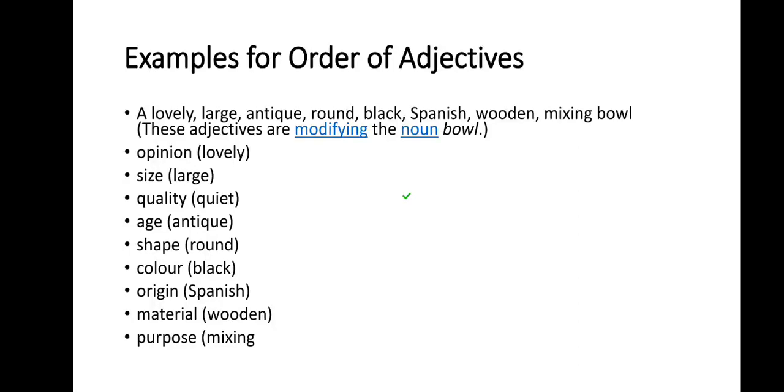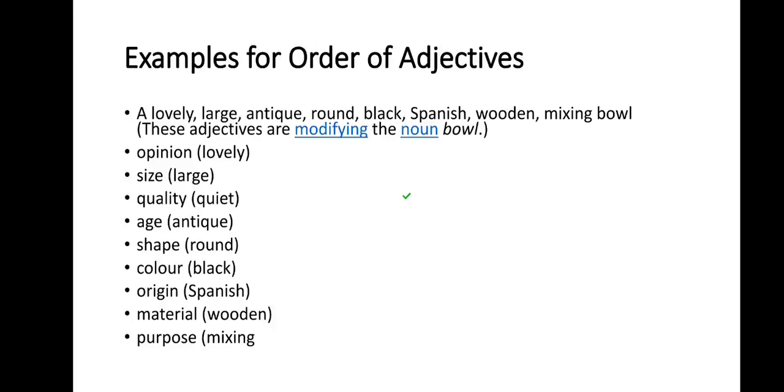Now let's see the example for order of adjectives. A lovely, large, antique, round, black, Spanish wooden mixing bowl. So actually the noun is the word bowl.